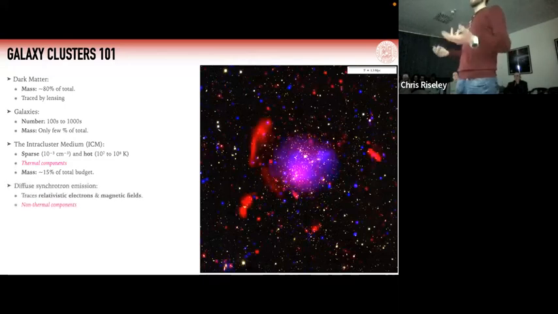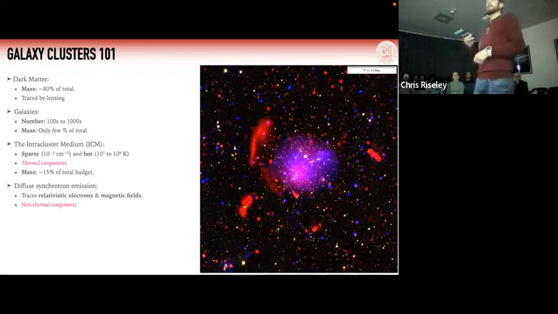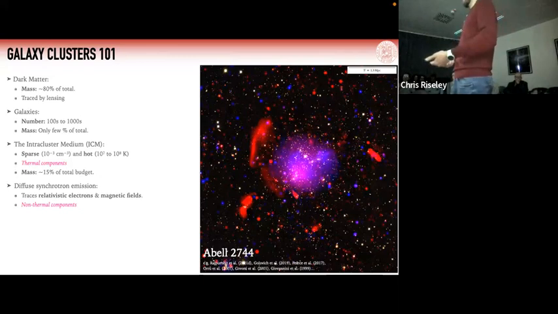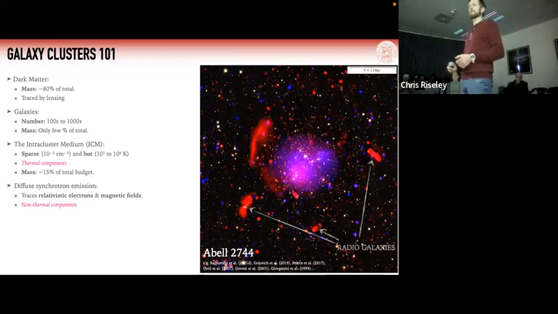And then we have diffuse synchrotron emission, and now you can see which cluster this is. This traces the relativistic electrons and magnetic fields on the largest scales in the universe. And in this talk and other galaxy cluster talks and papers, you'll hear the synchrotron emission referred to as the non-thermal components. And of course, just in case anyone's not familiar with this object, this is Abell 2744, which has been studied for several decades now in the radio and X-ray regimes, as well as others.